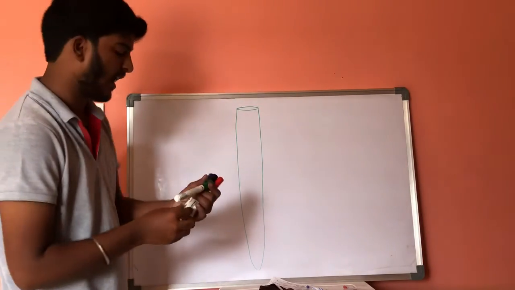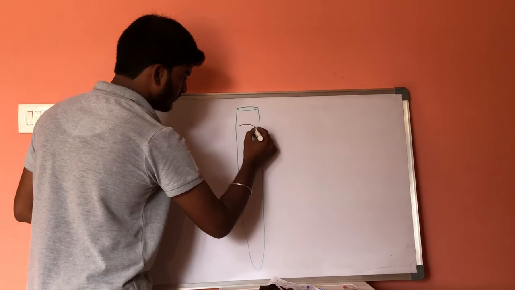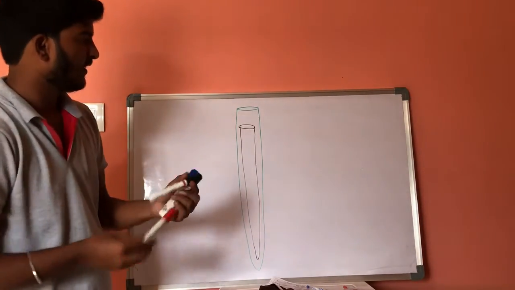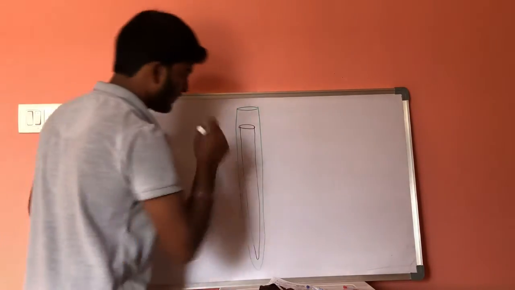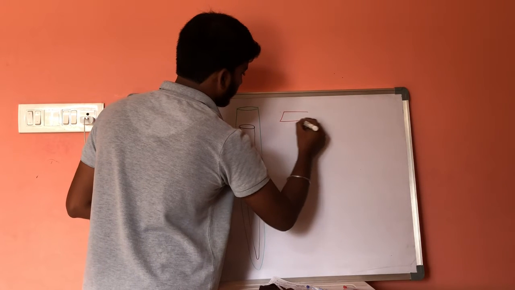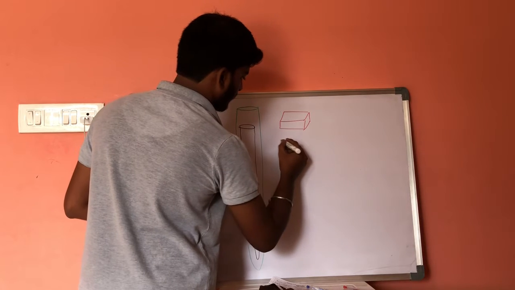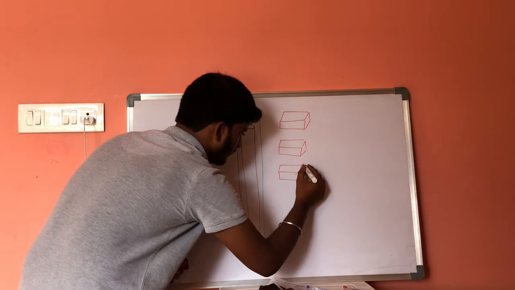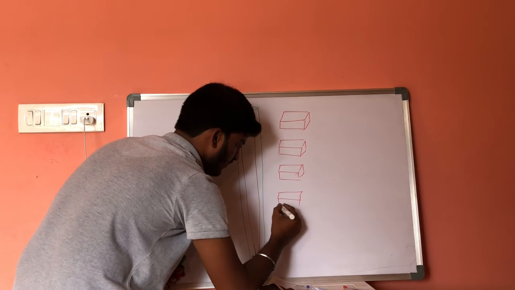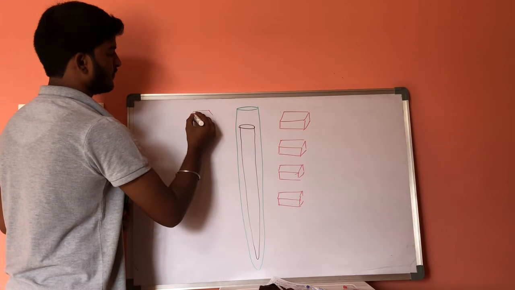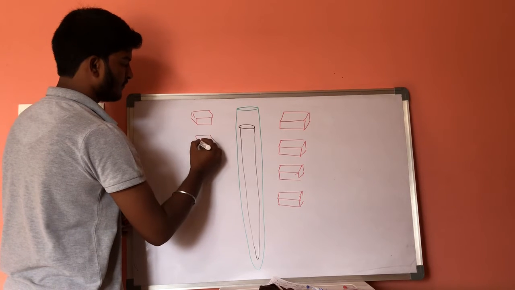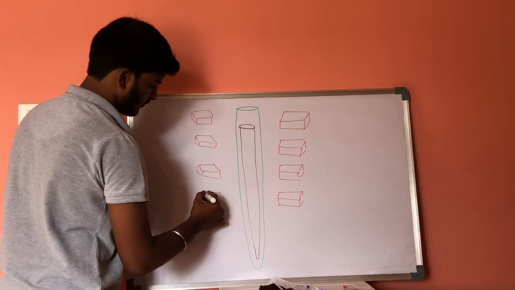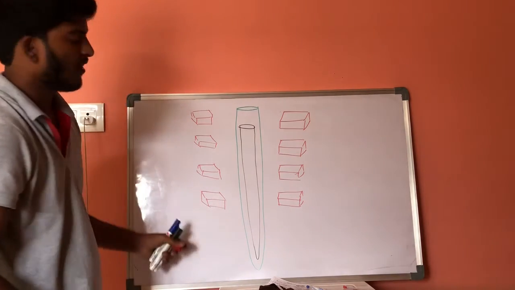This is a neural tube, and inside the neural tube it consists of the notochord, and there are special paraxial mesoderms. These are the paraxial mesoderms.